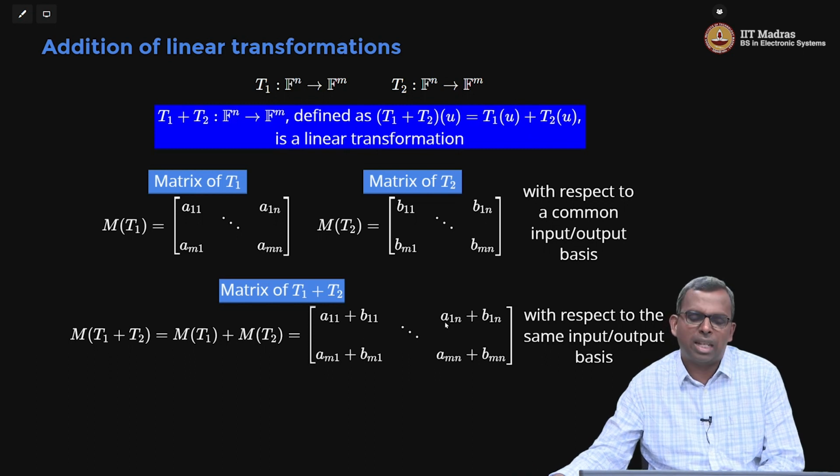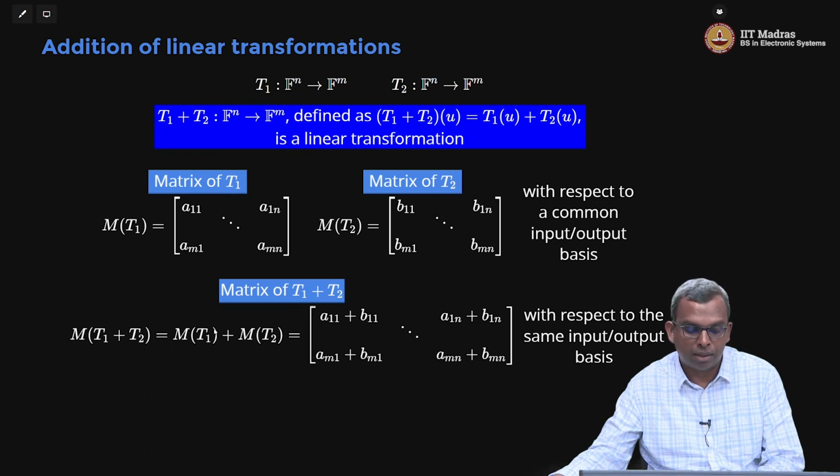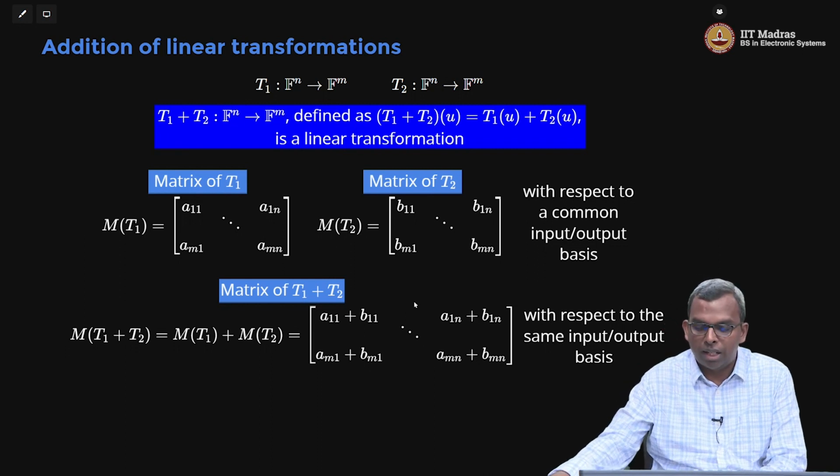So, most of the cases we will be dealing with canonical basis. If everything is with respect to canonical basis, you have just the addition of the operators, and that addition of the transformations and addition of the matrices are exactly the same. Okay, so clearly addition works.